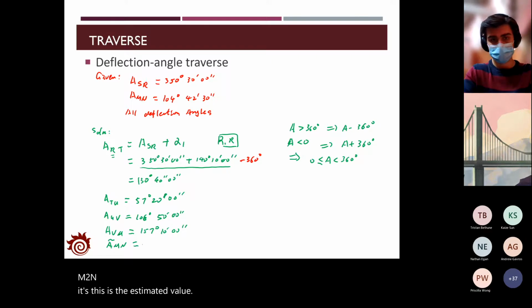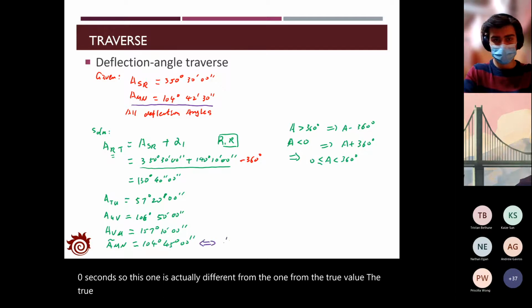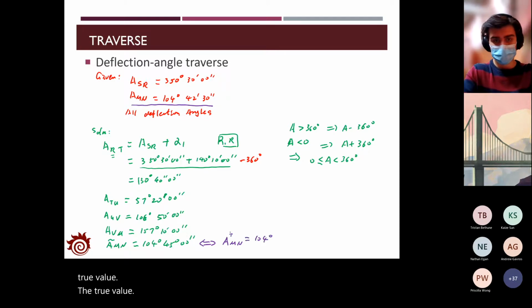It's 104 degrees, 45 minutes, 0 seconds. So this one is actually different from the true value. The true value is 104 degrees, 42 minutes, 30 seconds.